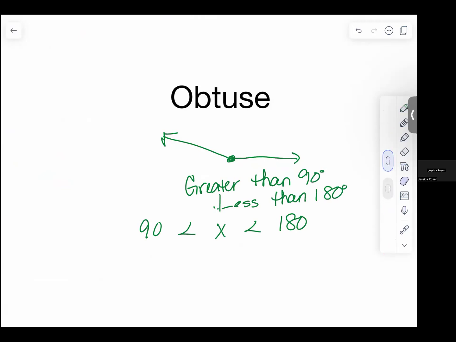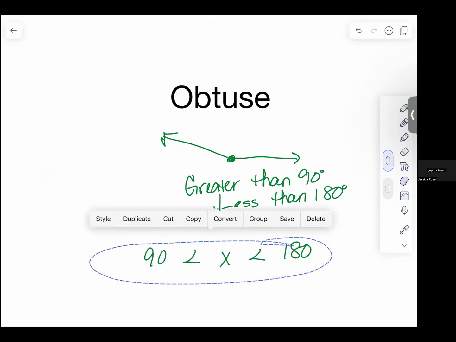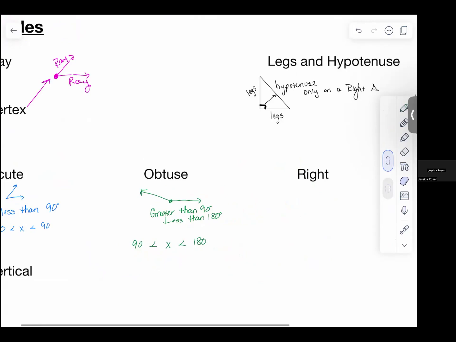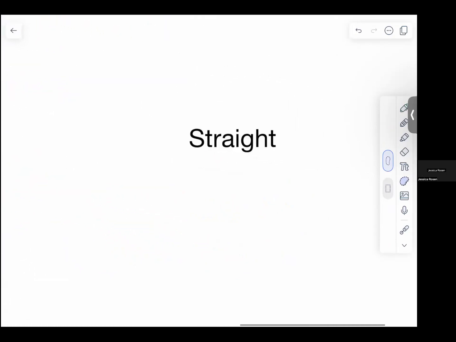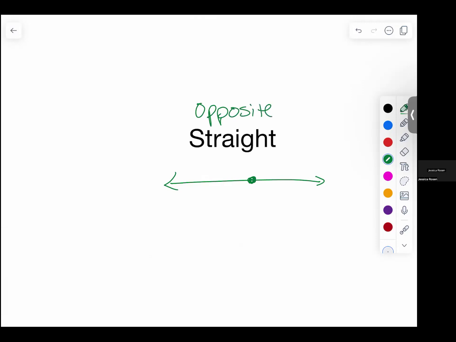And what that means is 180 is going to give us a straight angle, which is this one over here. Let me jump over to that. Two rays going opposite directions. These are also called opposite rays. Or we could also call it a line, right? And it is going to be 180 degrees.